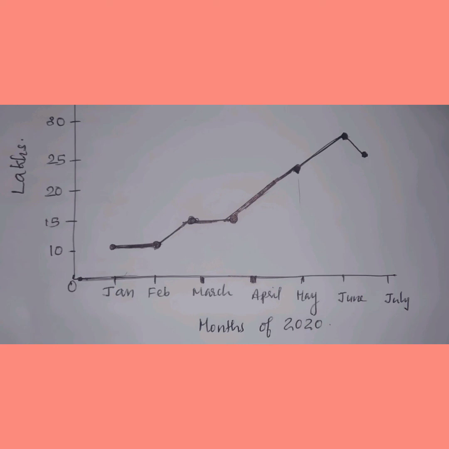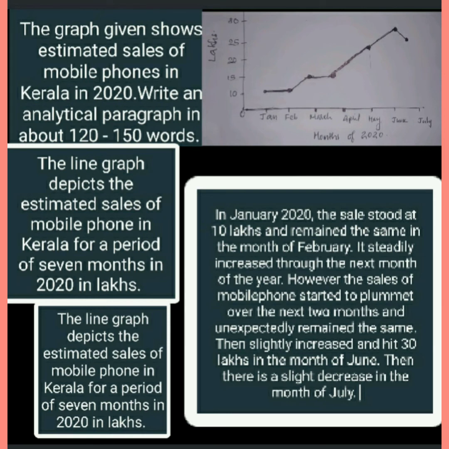In January 2020, the sales stood at 10 lakhs and remained the same in the month of February. It steadily increased through the next month and peaked at 15 lakhs in the next month of the year. However, the sales of mobile phones started to plummet over the next 2 months and unexpectedly remained the same, then slightly increased and hit 30 lakhs in the month of June.